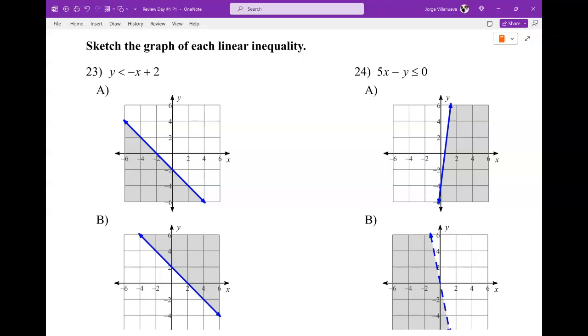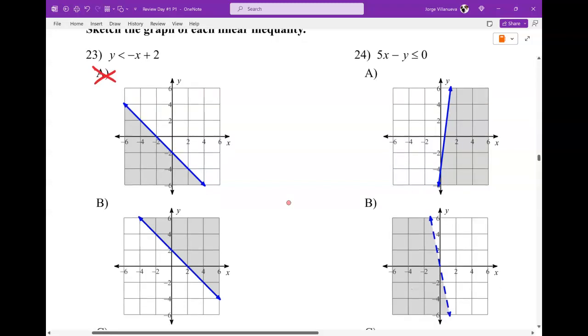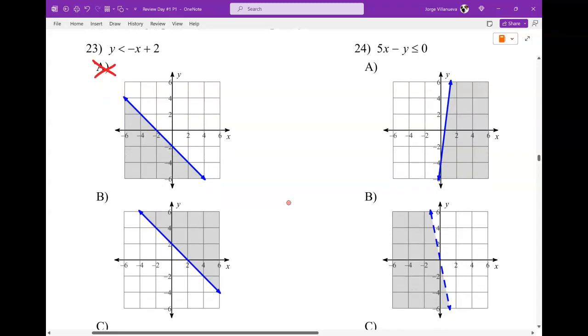So if I look at A, does that one make sense? Is it crossing through positive 2? No. So it's not A. Is B crossing through positive 2? Yes. Is it shaded below? No. And I heard you say, Adrian, it's solid. Yeah, it should have been dashed.